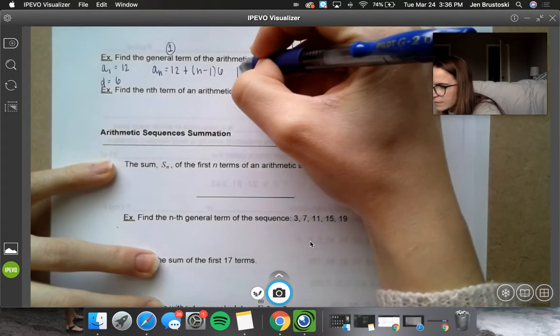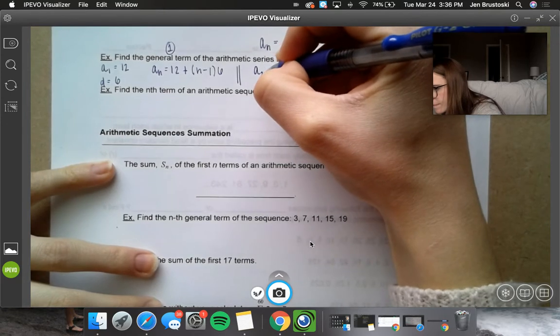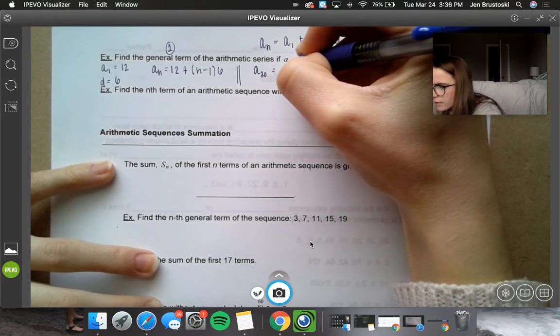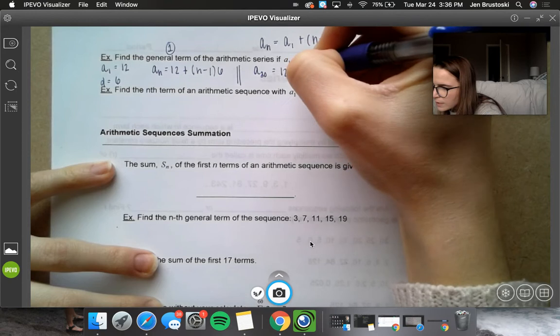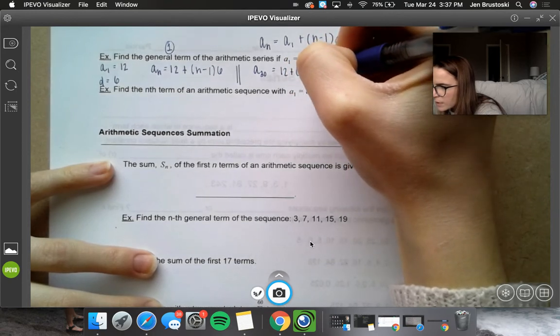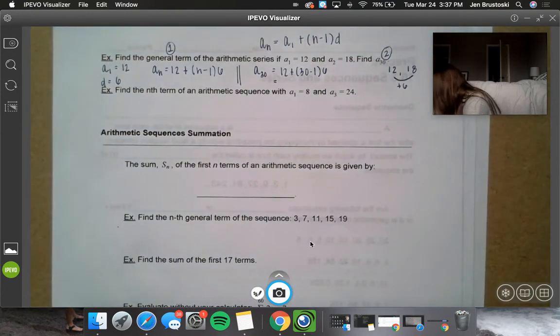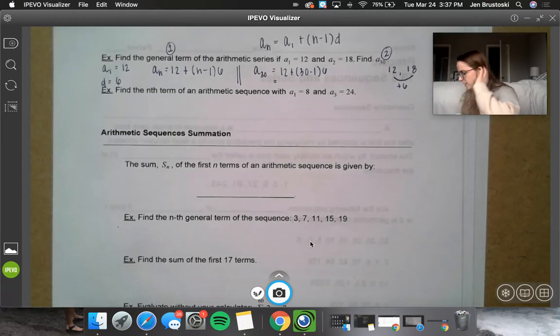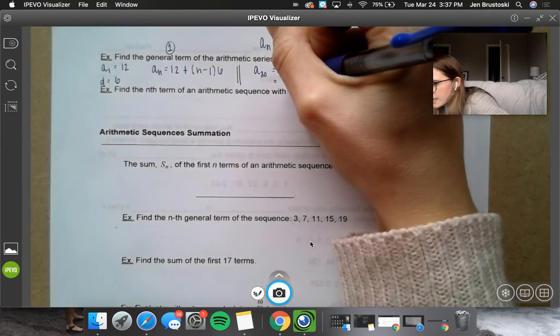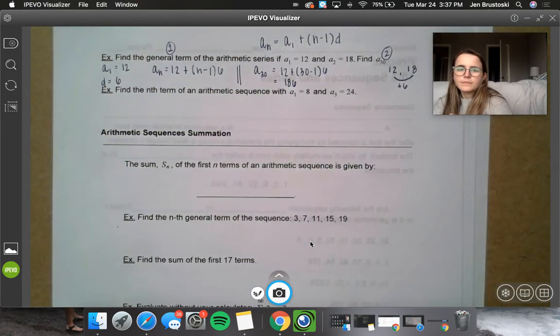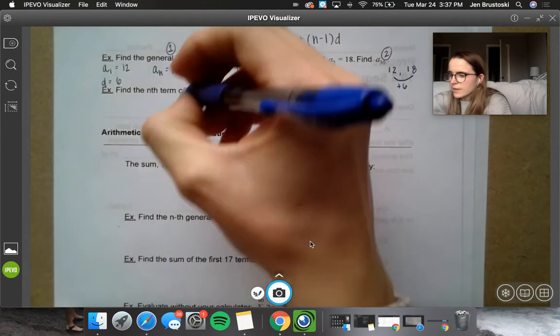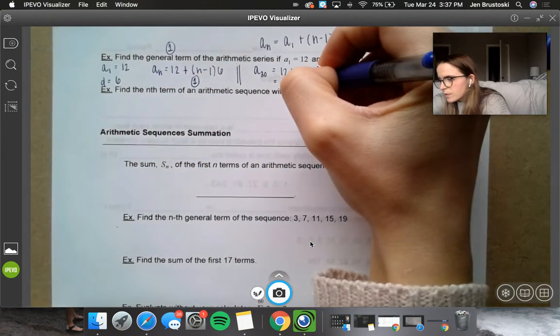Then to find a sub 30, we just plug and chug. So we've got 12 plus 30 minus 1 times 6. I need to find that paper, so I don't have to use the calculator. All right, so we get that our answer is 186. So here's part 1 and part 2.